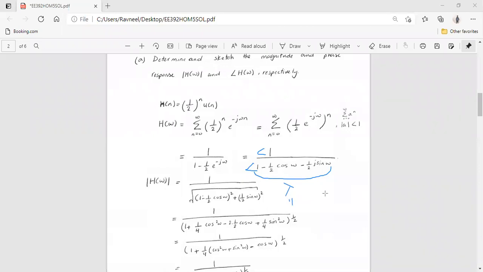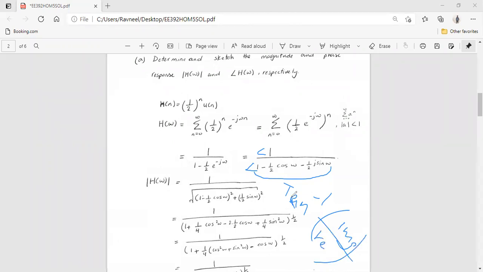A is tan inverse of the imaginary value divided by the real value, right?